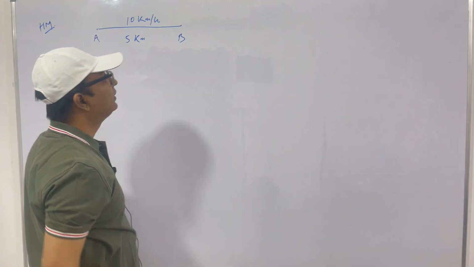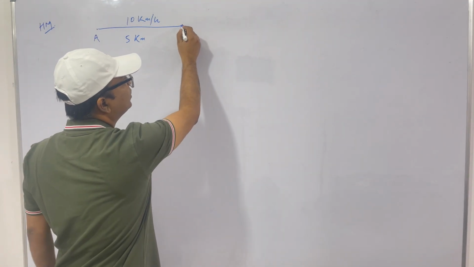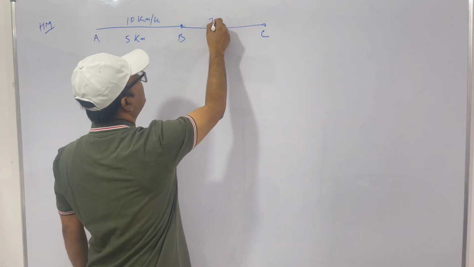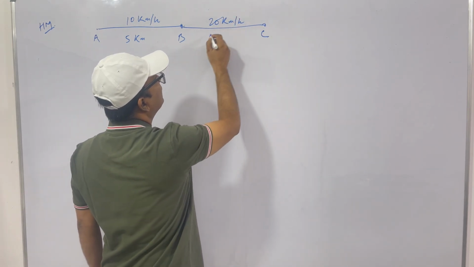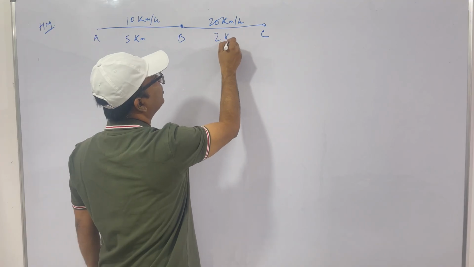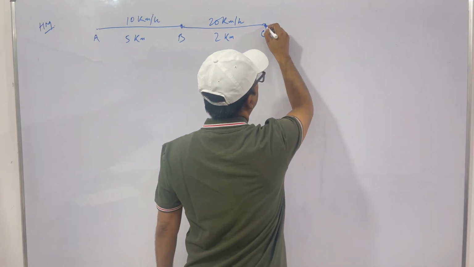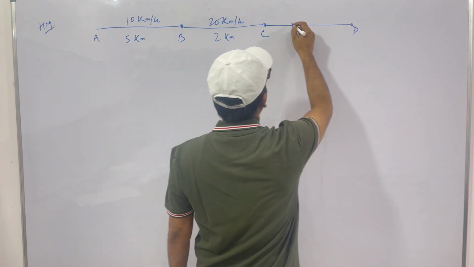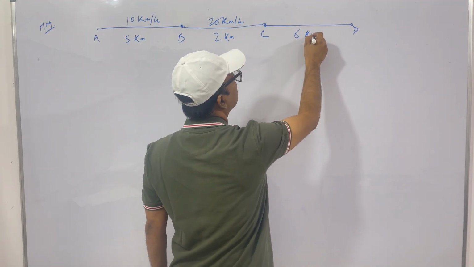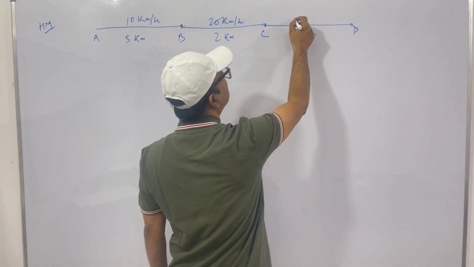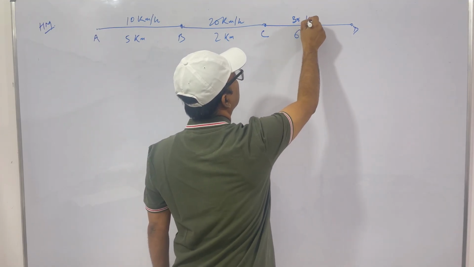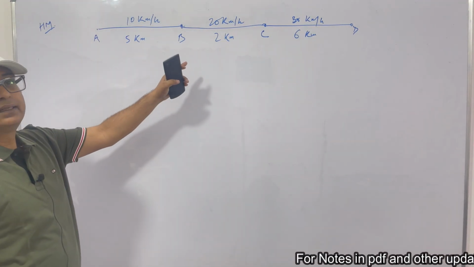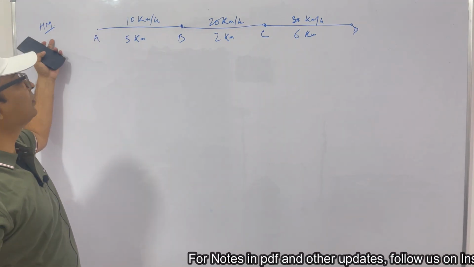Then from here to another point C, the person travels at 20 km per hour, and this distance is 2 kilometers. And again from here to the fourth point D, the distance is 6 kilometers and the speed is 30 kilometers per hour. So if we have to find the average speed, we use harmonic mean.